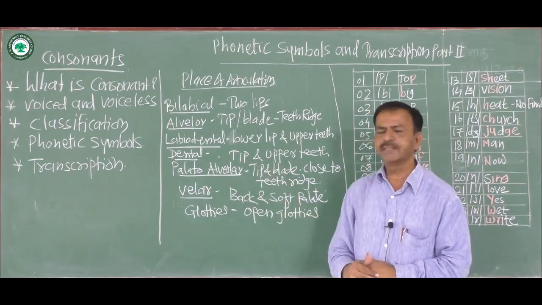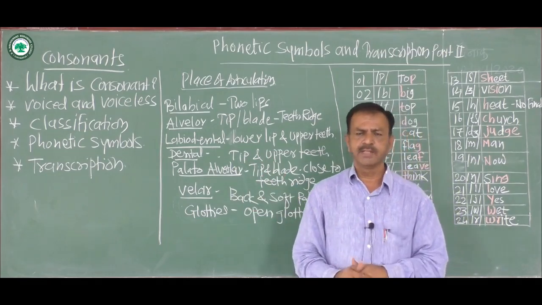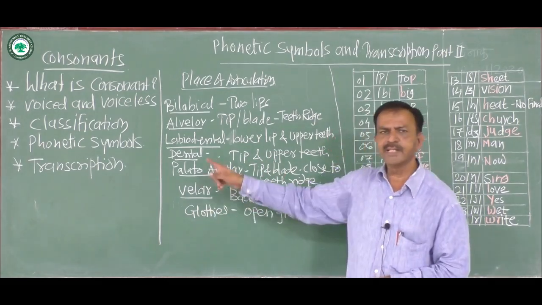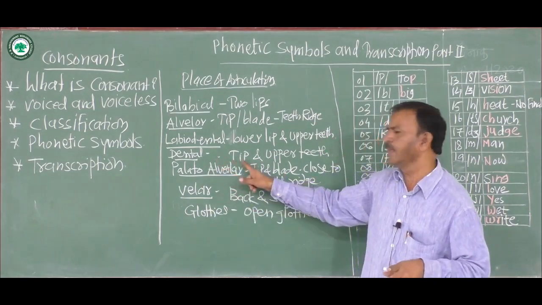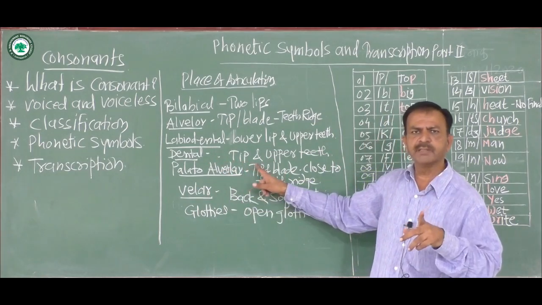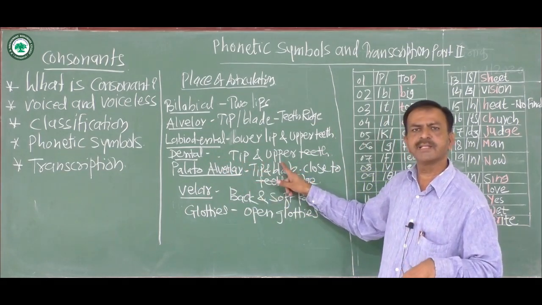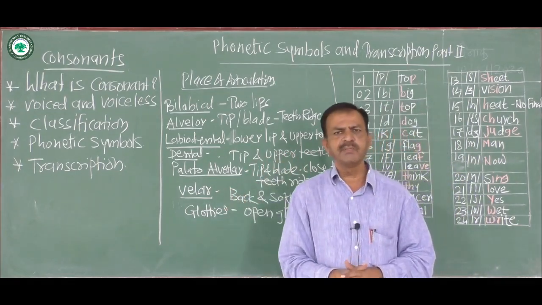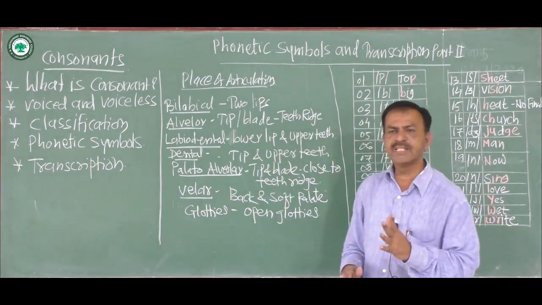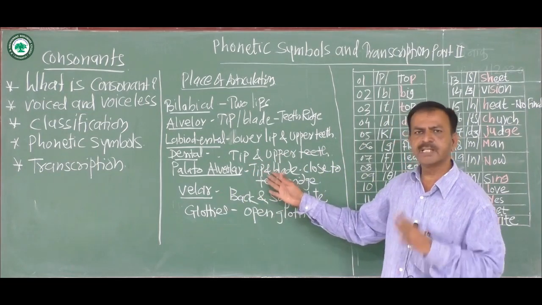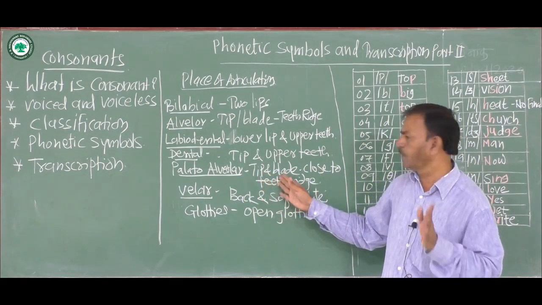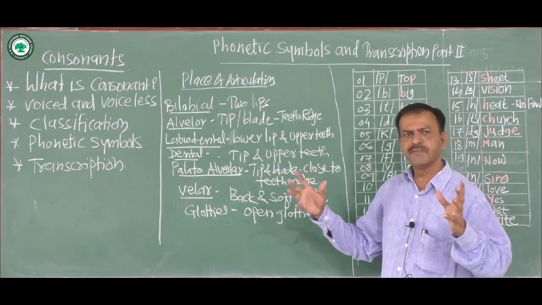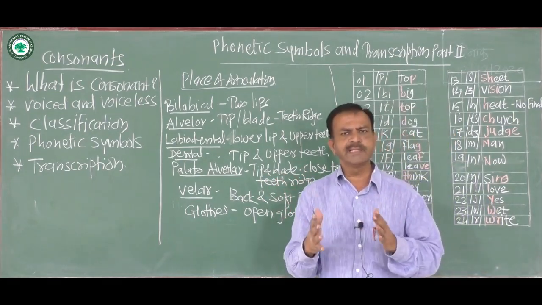The next one is the dental. What is the dental sound? Dental sound is the sound which is made with the tip of the tongue against the upper teeth. Next is the palatoalveolar sound. What is this? That is the tip or the blade of the tongue very close to the teeth ridge.